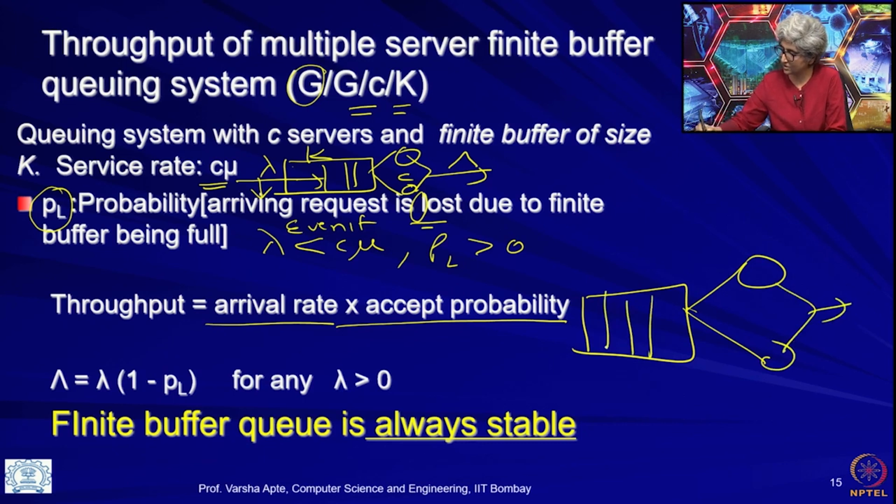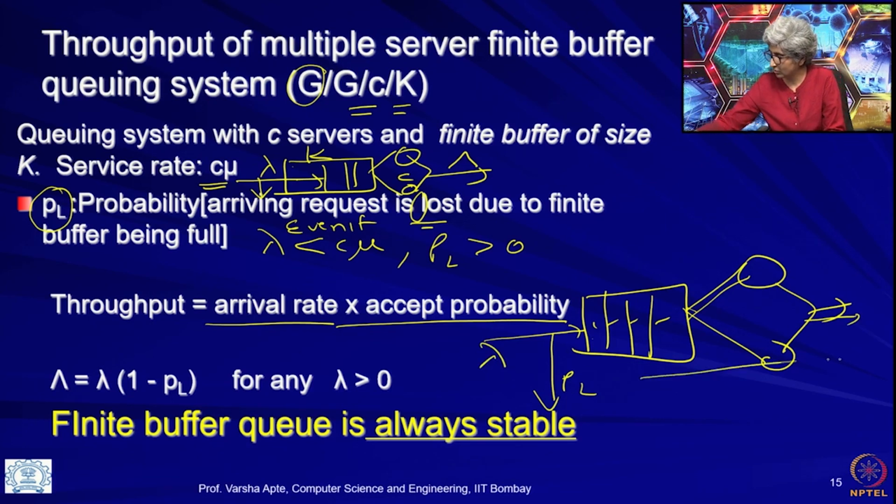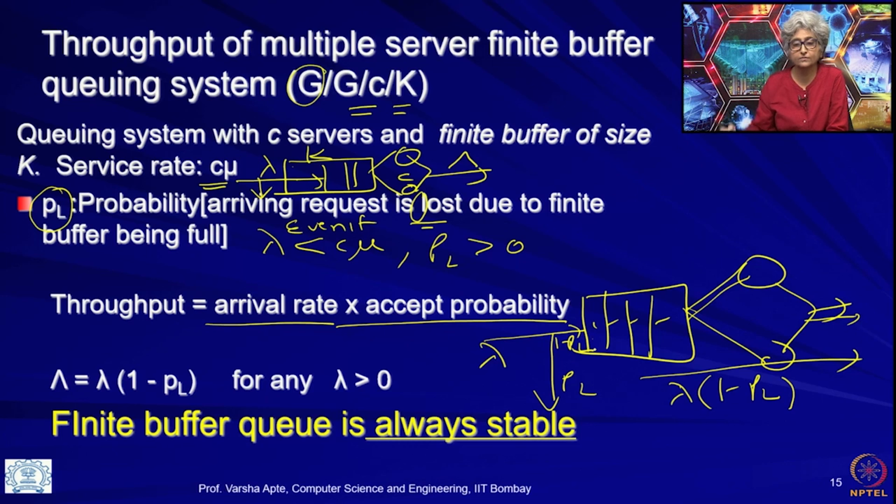This is a finite buffer system, requests can come, of course there is going to be some probability of loss, but once they come in they are going to get service and they leave. So, if the rate of arrival here is lambda, then the rate through this is going to be nothing but lambda multiplied by 1 minus PL, because if this is the probability of loss, 1 minus PL has to be the probability of accepting. So, it is just arrival rate multiplied by accept probability, and that is denoted by this, and this is actually applicable for any lambda greater than 0.